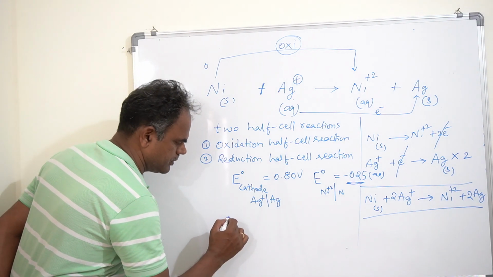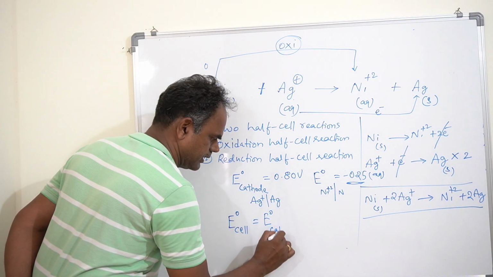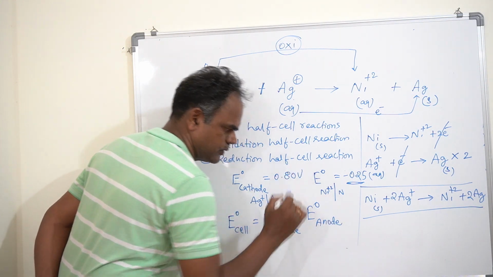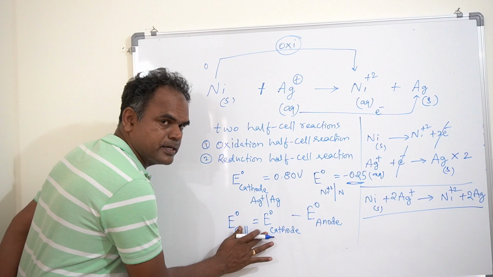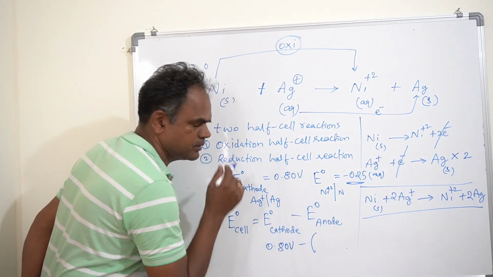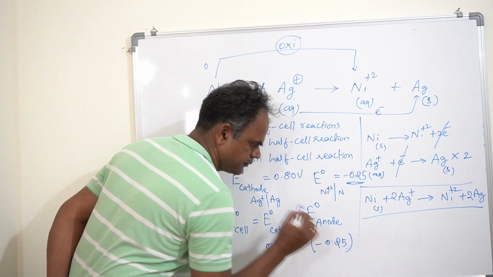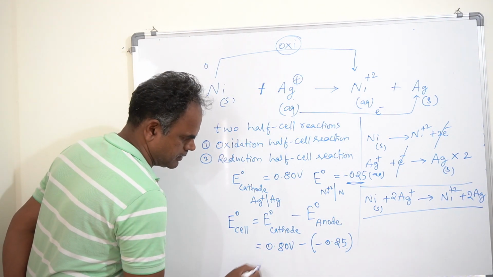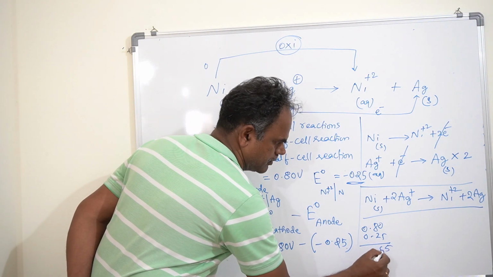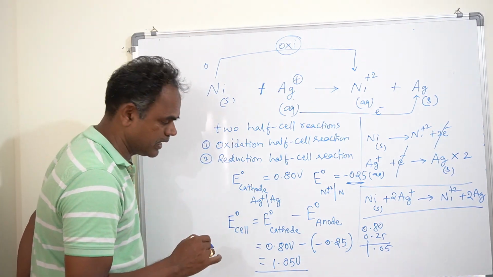Now write the formula for the standard cell potential: E° cell equals E° reduction potential of the cathode minus E° reduction potential of the anode. So 0.80 volts minus the standard reduction potential of the anode, minus 0.25, so minus and minus make plus. That gives 1.05 volts, which is a positive value.